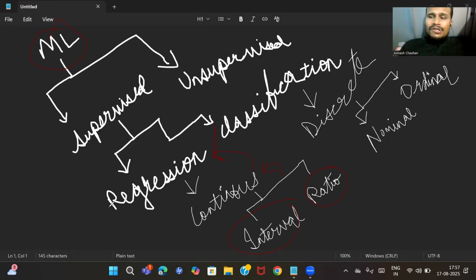And regression comes under supervised learning.